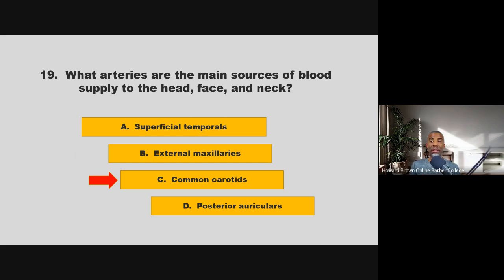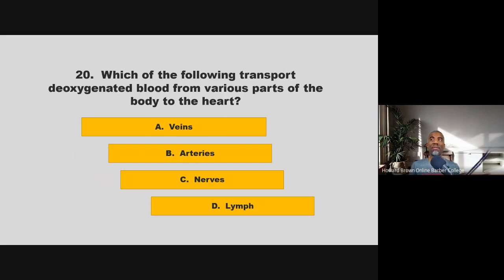Which of the following transport deoxygenated blood from various parts of the body to the heart? Is it veins, arteries, nerves, or lymph? If you chose A, veins, you are correct.